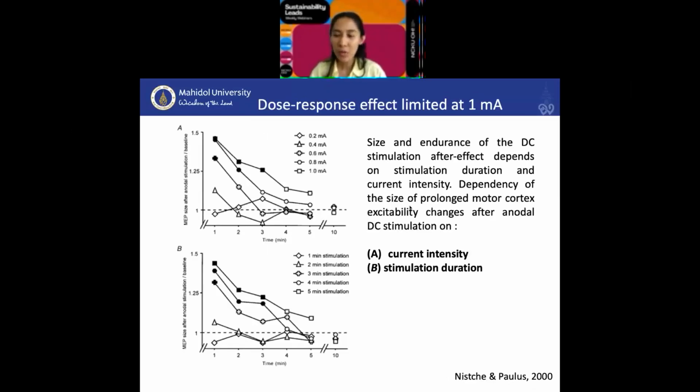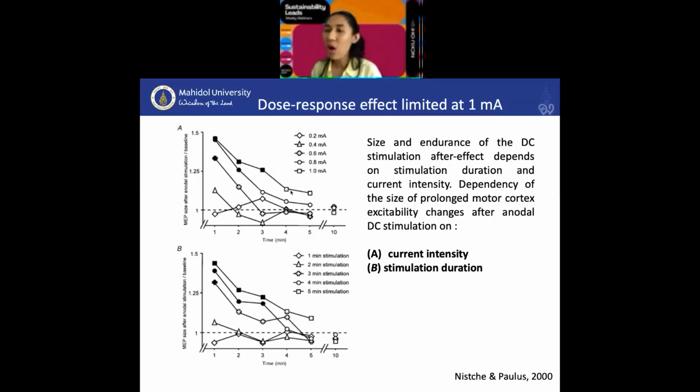They also studied the current intensity and stimulation duration, which is a dose response effect. For 1 milliampere, they found a linear effect. It means that when you increase the intensity, you get more effect, and when you increase the duration of stimulation, you can get more effect too.